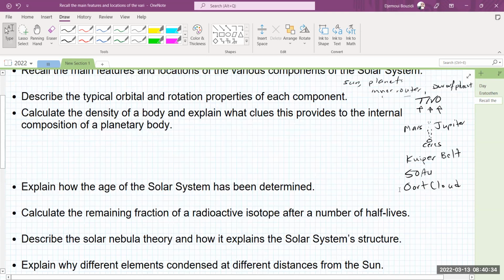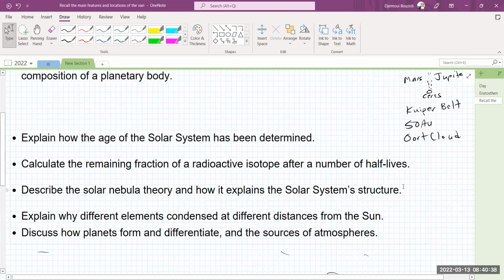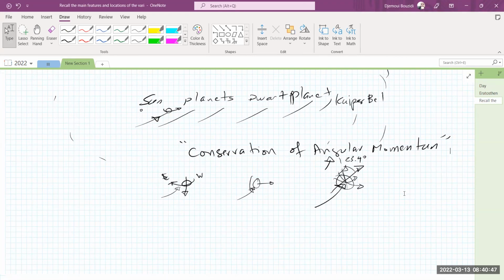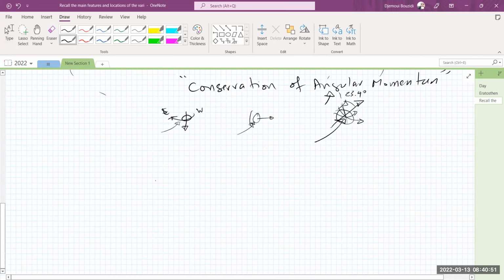Finally, there seems to be another correlation in here between the structure of these planets and how far they are from the sun. As I was saying, the inner planets are inside. So here is the sun again.